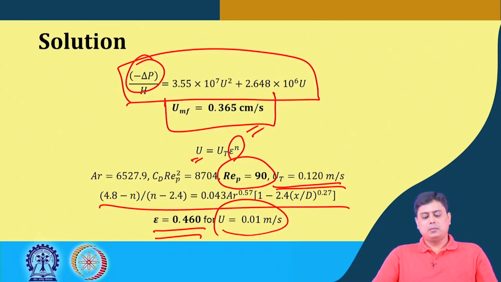So that means at this velocity the voidage of the bed goes up to 0.46.